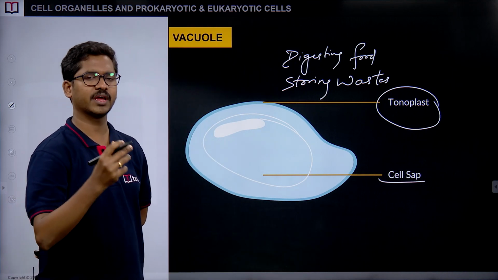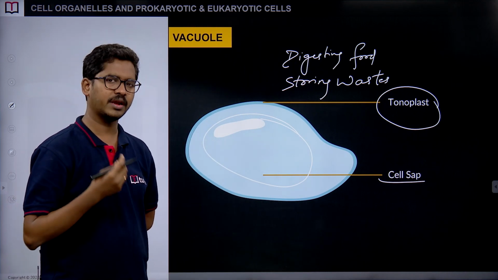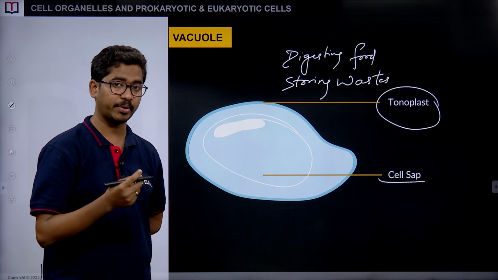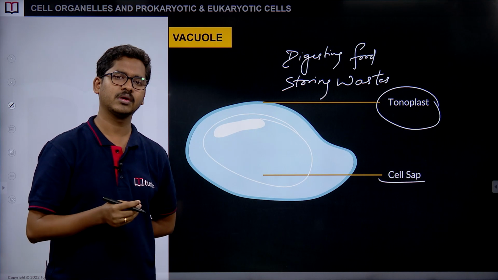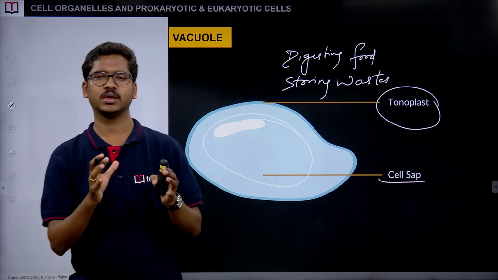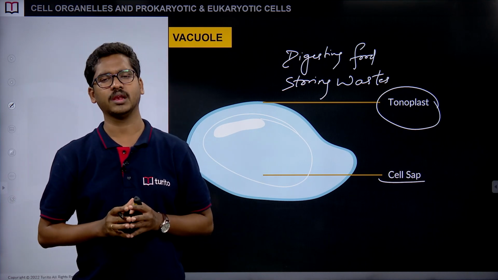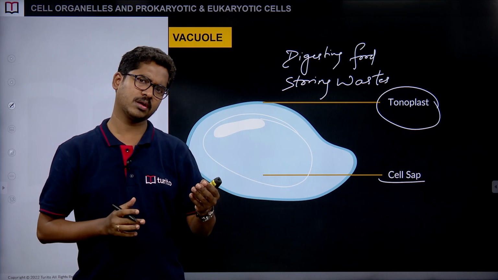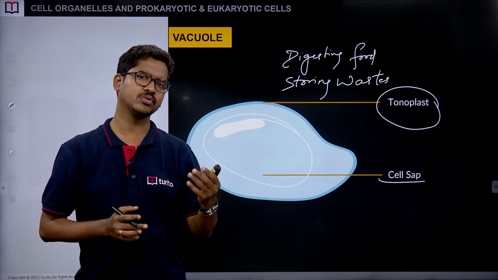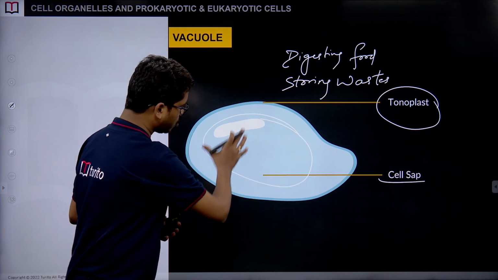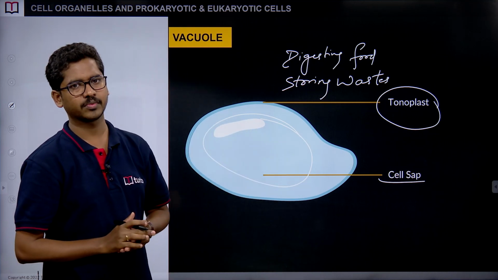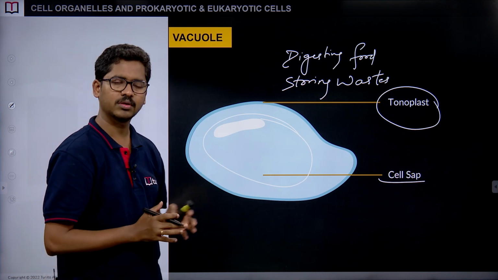So, whatever activities are happening in the cell generate some type of wastes or byproducts. Byproducts are those products that are formed because of the reactions occurring in the cell, and they are not of use to the cell. Those products are called byproducts, and they are just stored inside the vacuole. Now, that is one such reason.